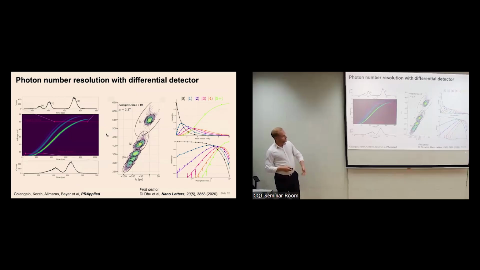Actually, Dee, when he was back at MIT, did a really nice proof of concept demonstration, which showed that the rising edge of these SNSPDs can encode photon number information. So we took this approach and combined it with our differential detector that gets rid of the timing resolution smearing and boosts the efficiency a little bit. So we could really see this very clearly.